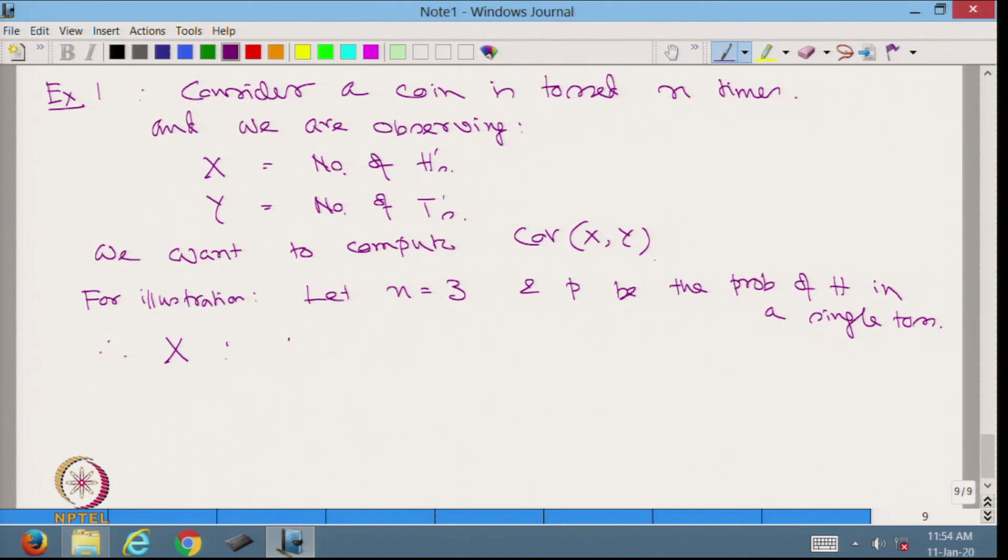Therefore, it takes values 0, 1, 2, 3 and their probabilities are q cube, because all 3 tosses ended up in tail, 3pq square, 3p square q and p cube.